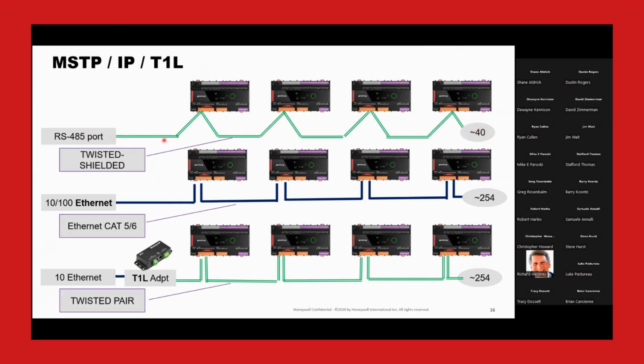At the speed that we normally run here, typically 76.8 kilobaud, you don't want more than 40 controllers on your trunk. And if I come out to your job and I see you hung more than 40, I'm probably going to fuss at you. Sometimes we've got to do a lot fewer, but 40 is a good number for the newer controllers, and that hasn't changed.